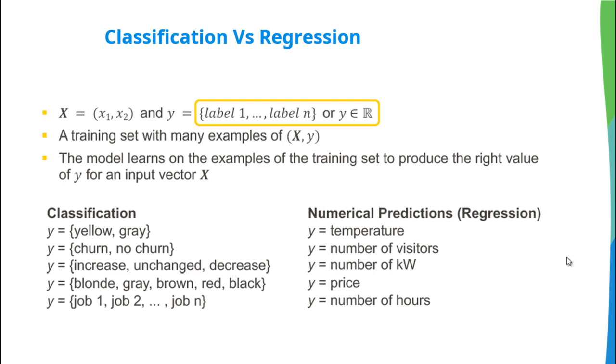And under regression, y could be temperature, number of visitors, kilometers per watt, price, number of hours worked, and the rest of them. x determines what y is, so the changes in x determine what y we predict, right?